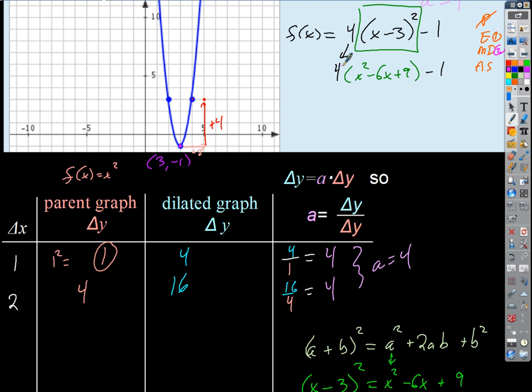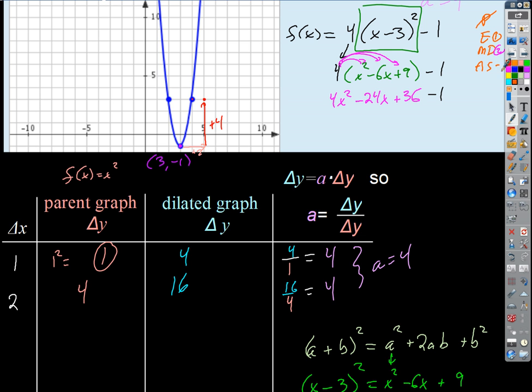If we distribute the 4 all the way through, I get 4x squared minus 24x plus 36, minus 1, and then the very last step.